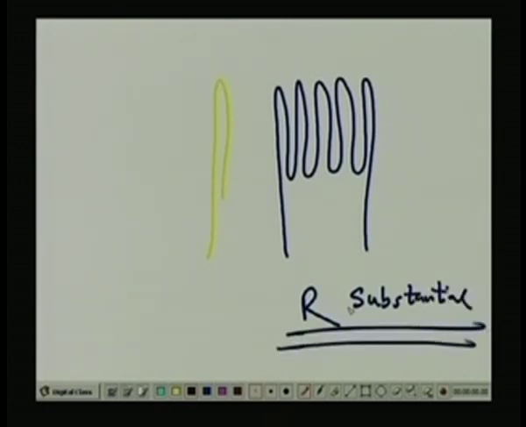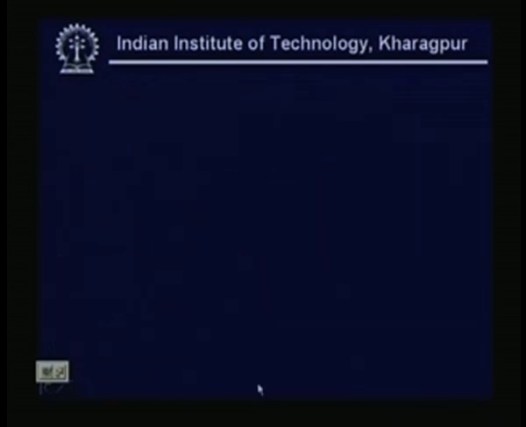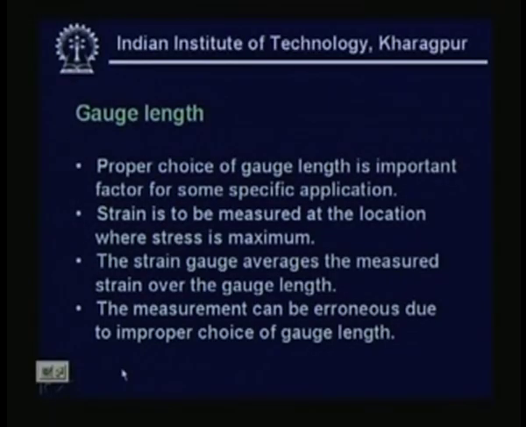This value should be very substantial, so that delta R also will be large, right. That is very much necessary. So, this is a bonded metal strain gauge; you see here, this is the backing material on which we have put it.